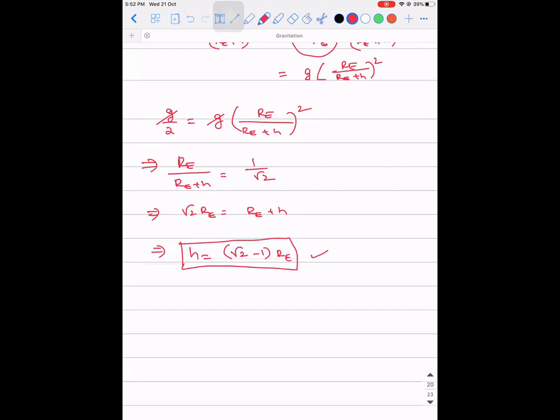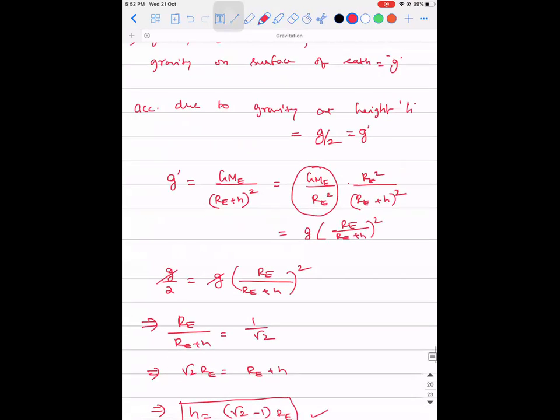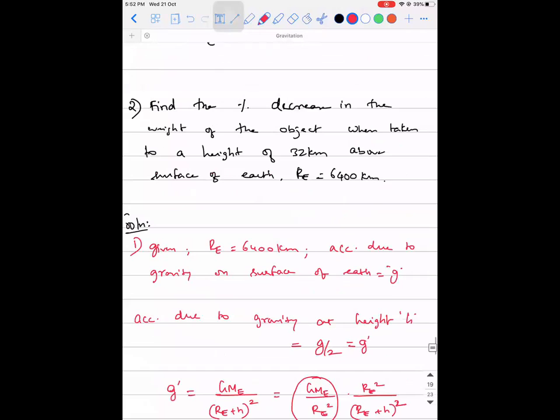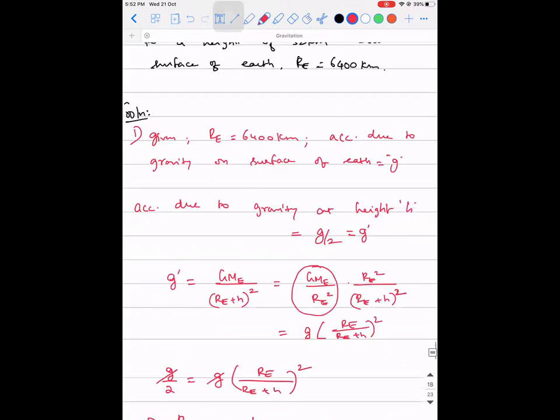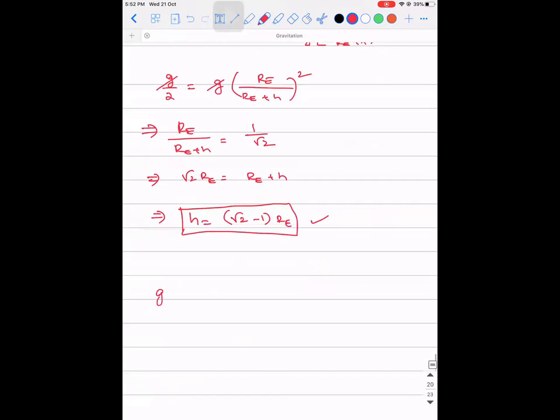Sir, can you explain the sum again, sir? From G dash is equal to GME divided by RE plus H the whole square. See, that is the formula I gave you here. So G dash is equal to GME divided by RE plus H the whole square, right?